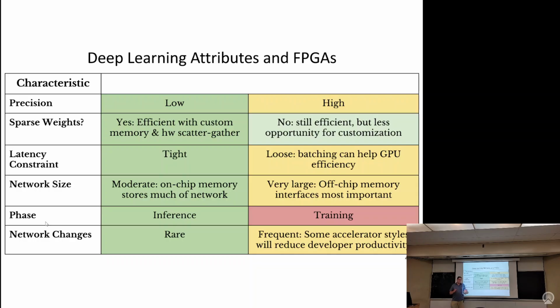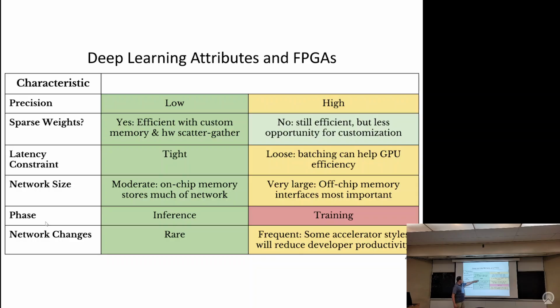GPUs actually don't do that well at sparsity because they give it what's called unstructured sparsity, like I have zeros in all sorts of random places, because it doesn't fit their single instruction multiple thread programming model very well. In an FPGA, because you can build anything you want, you can exploit sparsity of different types by building essentially multiplexer and switching networks and skipping over the 0 weights.